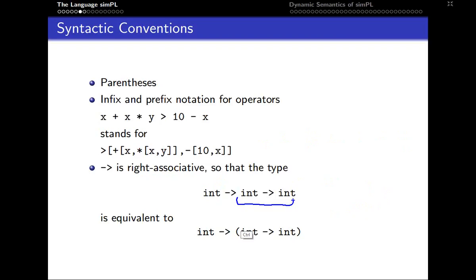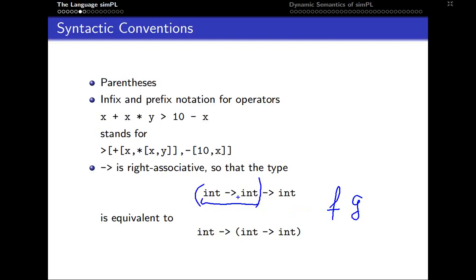If it weren't that, if I would say, let me associate to the left, then the first argument to the function should be another function. If I'm putting brackets here, whenever I apply f, the first argument should be some function g whose type is int to int.